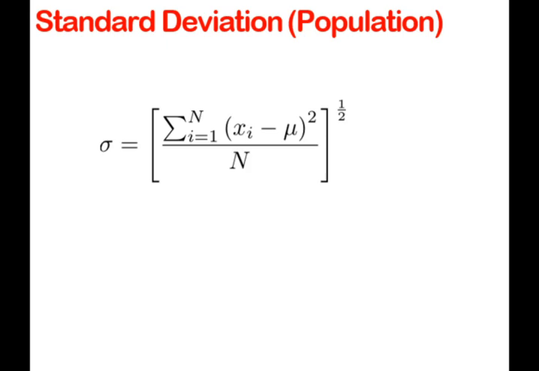But the question I have for you is why aren't we just getting rid of this power of 2 and the square root? Why aren't we just having the sigma of xi minus mu over n? I would assume that will give you a better idea of the spread, right? You're talking about why the square is there? Why is the square root and also the power of 2 there?